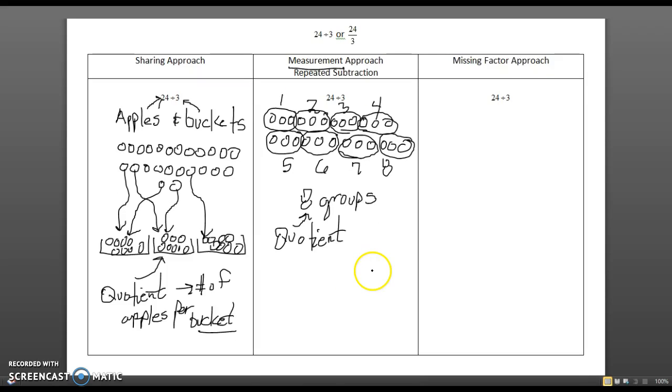I call it repeated subtraction because if you are not actually using objects to measure out the groups, you can think of it in a slightly more abstract way, saying, all right, how many times can I remove 3 from 24 before I run out?